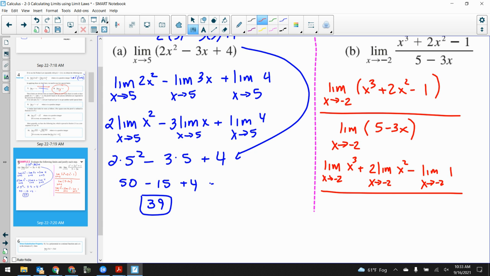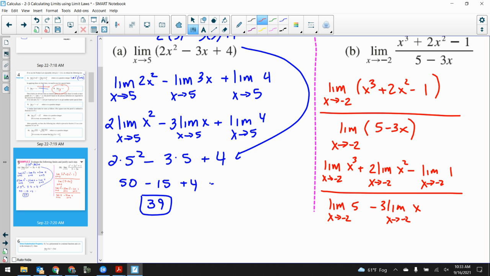All divided by the limit as x goes to negative 2 of 5 minus the limit, minus 3 times the limit, as x approaches negative 2 of x. Okay? So I can bring it all in. I can bring that limit to everything, basically.